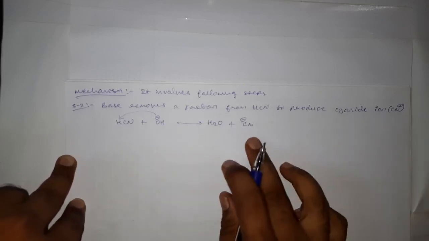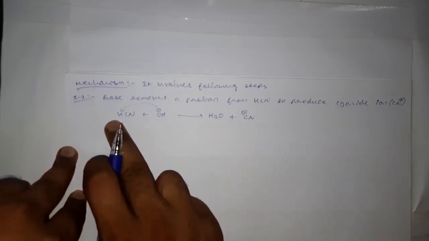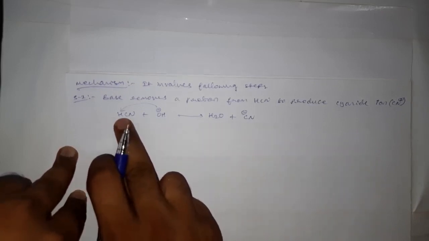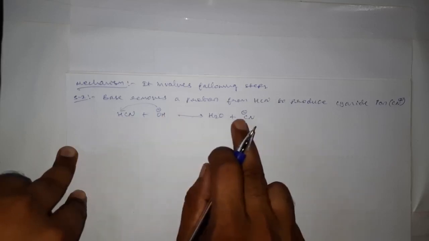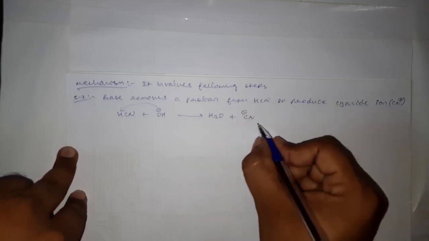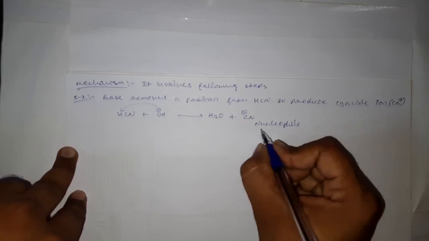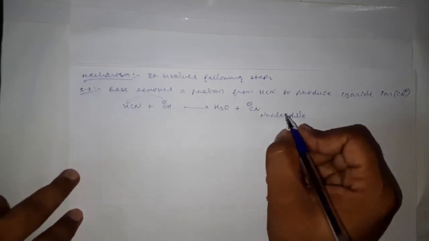The negative charge comes on carbon, because the hydrogen leaves, and the bonded pair of electrons between hydrogen and carbon stays with carbon. This carbon with 3 bonds and 1 non-bonded pair of electrons forms a negative charge. The cyanide ion will act as a nucleophile.